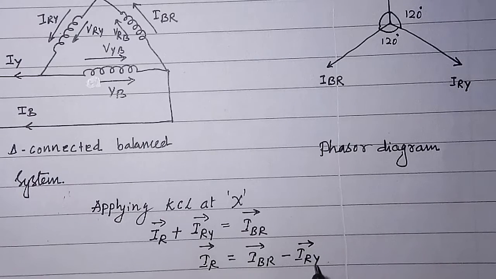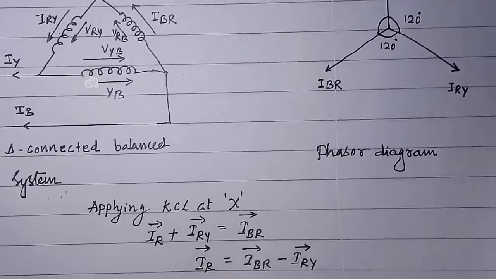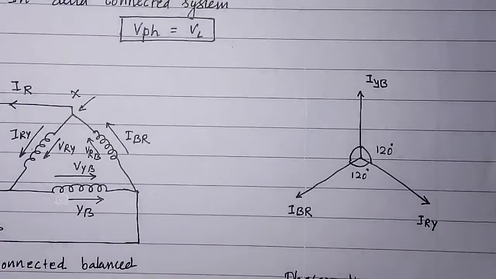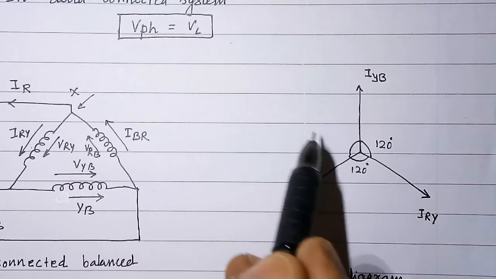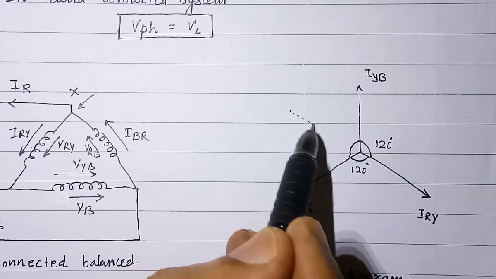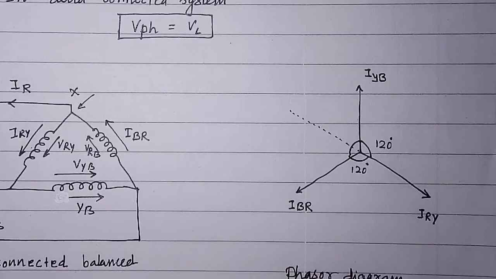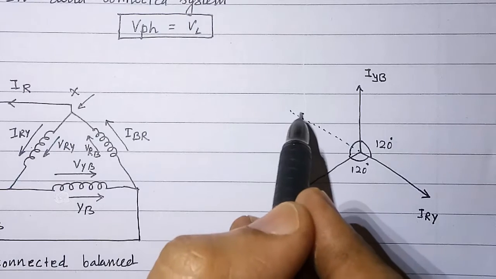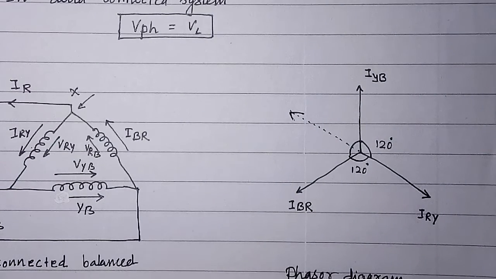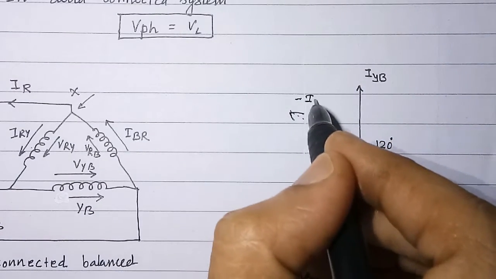And to subtract IRY from IBR, I have to reverse the direction of IRY so that it becomes negative. And then I will add IBR and reversed IRY to get IR. So it is now reversed IRY. I will call it as minus IRY.